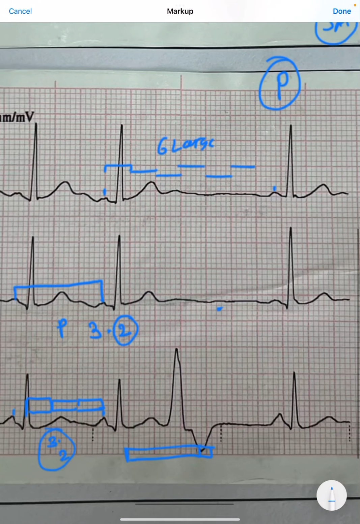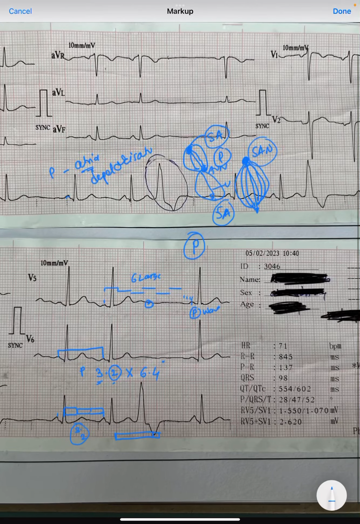Here what has happened is that one is completely skipped, which was supposed to be here, but the next was supposed to come exactly after three large boxes and two small boxes, which is here. So 3.2 into 2 is 6.4. So exactly after 6 large boxes and 1, 2, 3, 4, the next P has appeared. So it was only one particular P which did not originate, which did not pass.